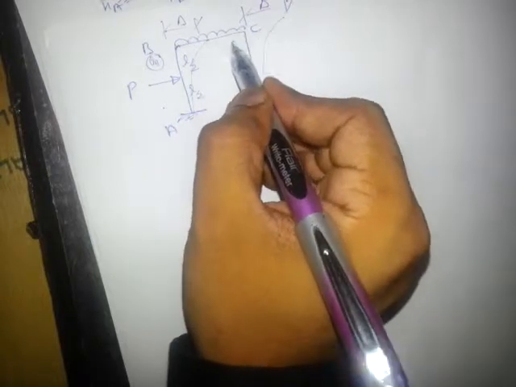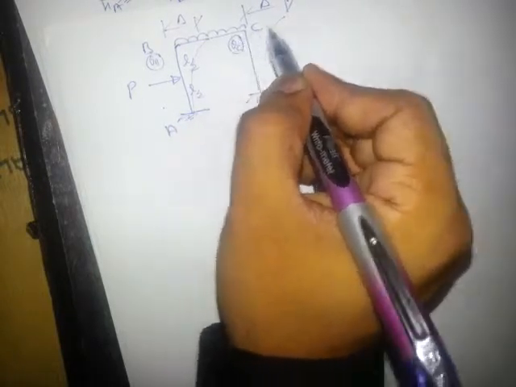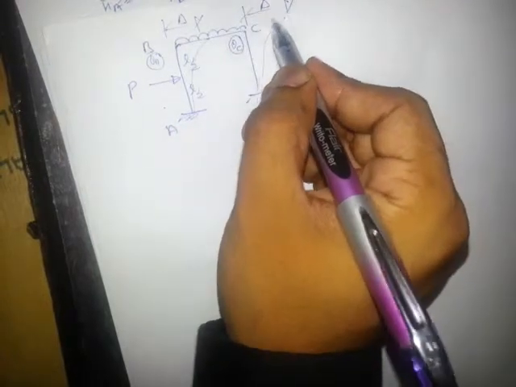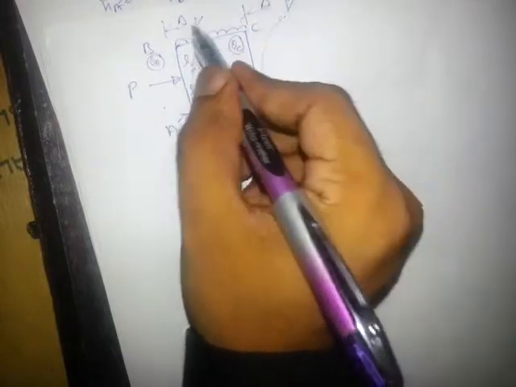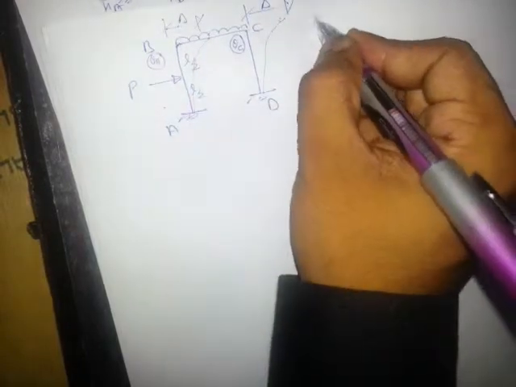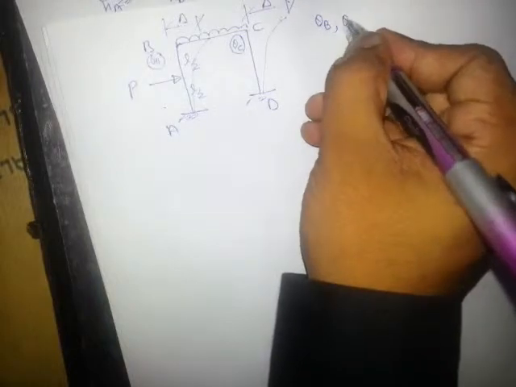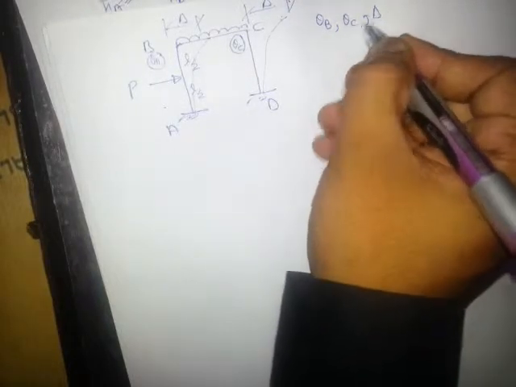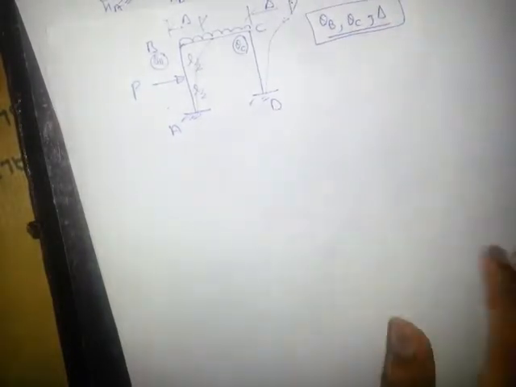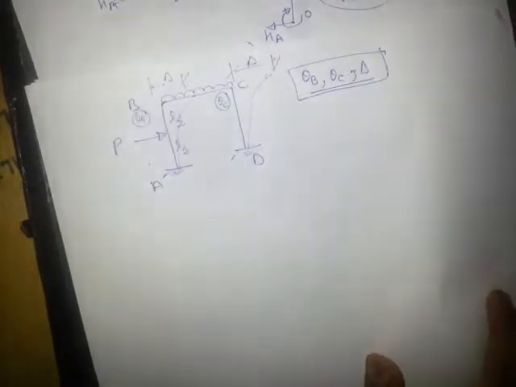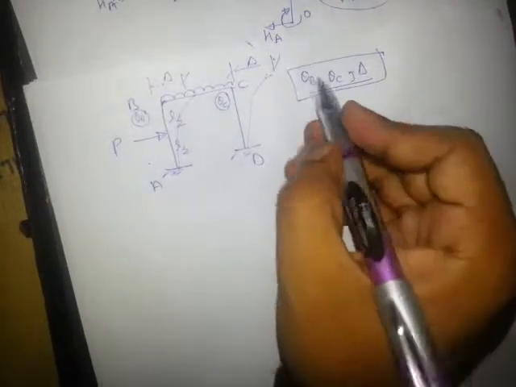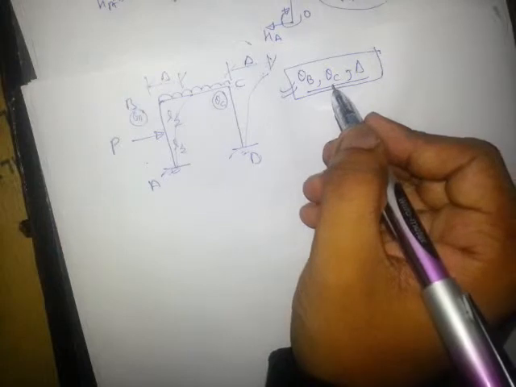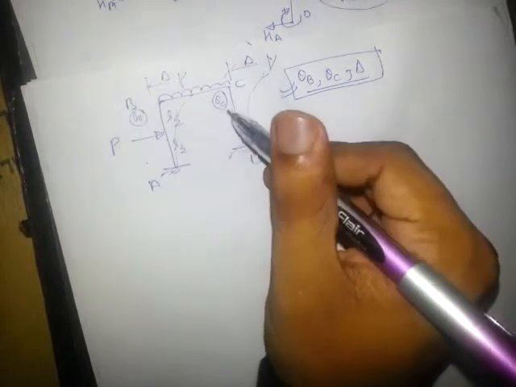Joint C is rotating, so one unknown is theta C, and joint C is also going in that direction, so one more unknown, but these two deltas are the same. So finally 3 unknowns are there: theta B, theta C and delta. Right? So how will we calculate these unknowns?